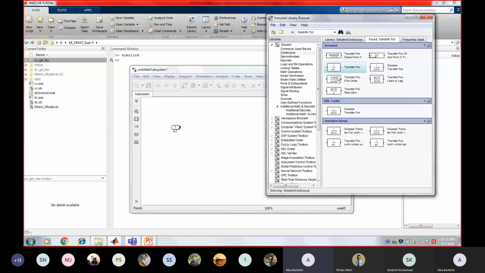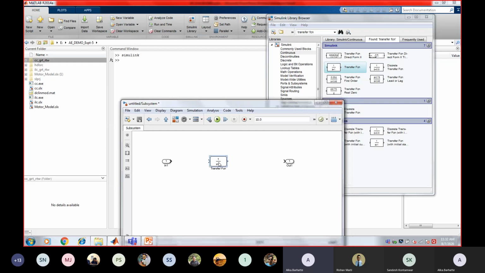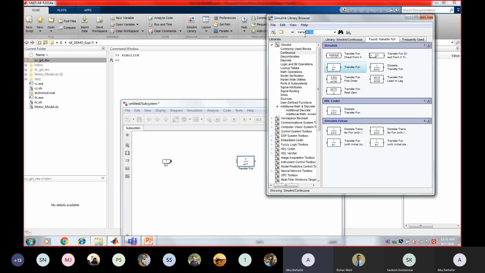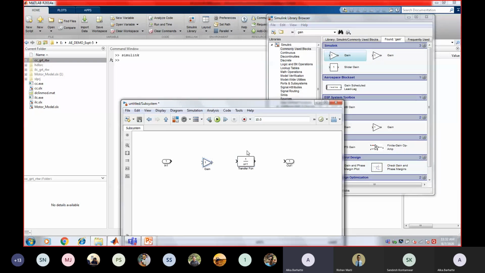You can just press, drag and drop that block here. Apart from this, I need the input, which is the gain block. You can search for it. This is the gain block I want. This represents your internal system, and we will simply connect these two.